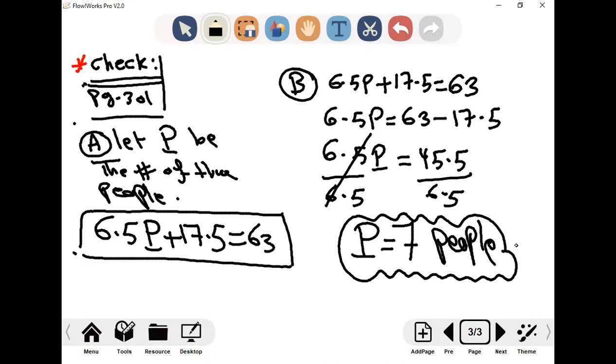A ticket. How many friends do we know you invited in the question? We don't know, so we call it P. Assume that we have 4 friends, each ticket costs 6.5, right?